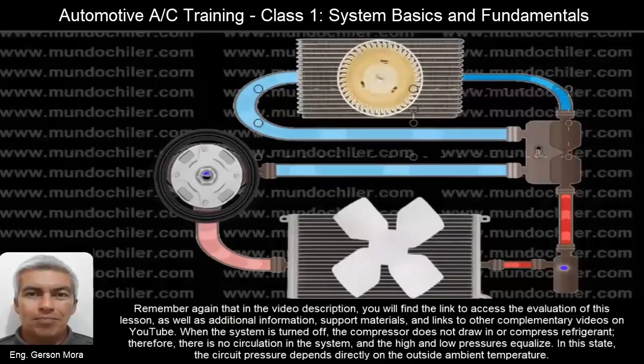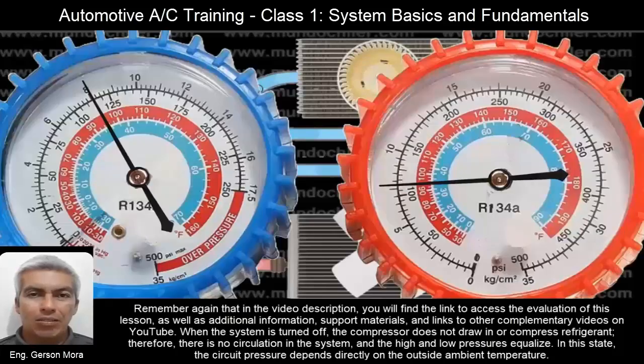When the system is turned off, the compressor does not draw in or compress refrigerant. Therefore, there is no circulation in the system, and the high and low pressures equalize. In this state, the circuit pressure depends directly on the outside ambient temperature.